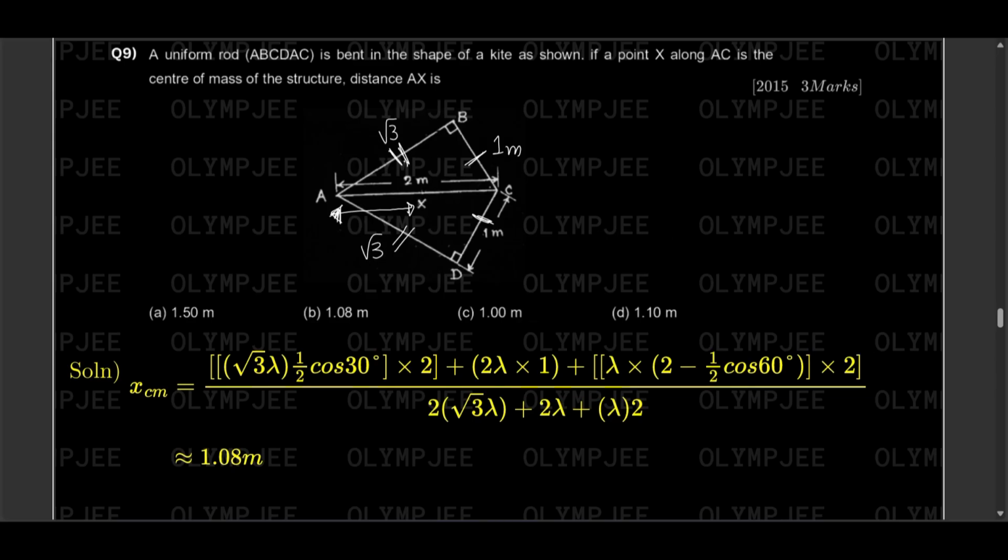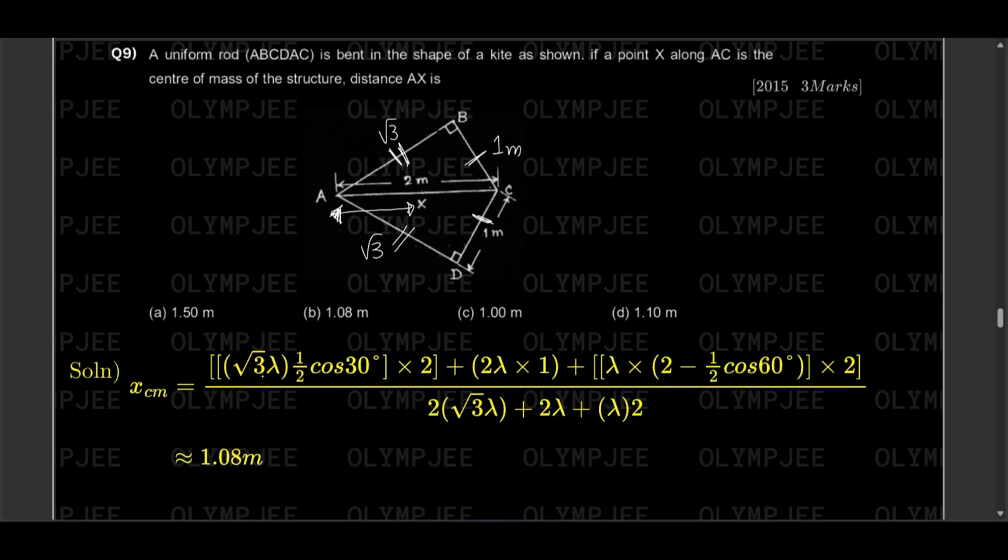So we can divide this shape into 3 main parts. First is this middle rod, second is this root 3 rod, which is at the bottom also. We can easily multiply it by 2 because there is symmetry, and third is this 1 meter rod, which is at the bottom also. So first we will write the center of mass of this root 3 part.